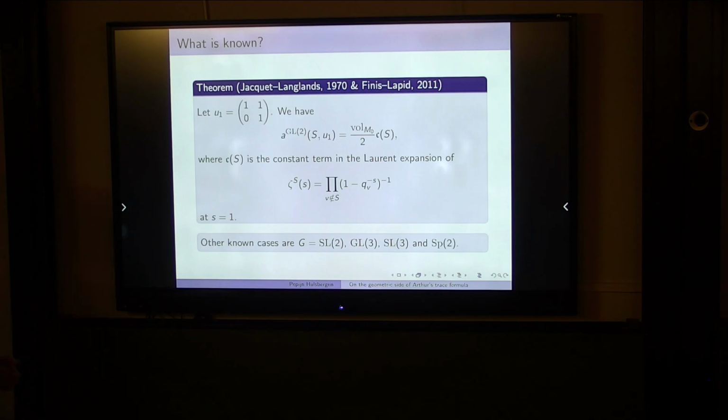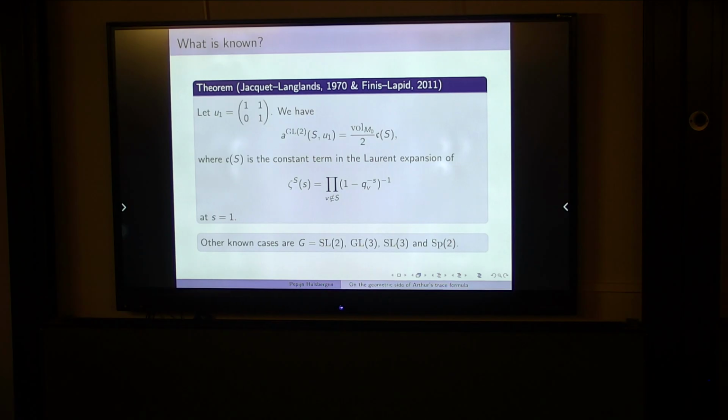And later in 2017, Werner Hoffmann and Satoshi Wakatsuki computed the coefficients in the case of a symplectic group of rank 2. But as far as we know, these are the only class of groups we know the coefficients for, and not in complete generality.